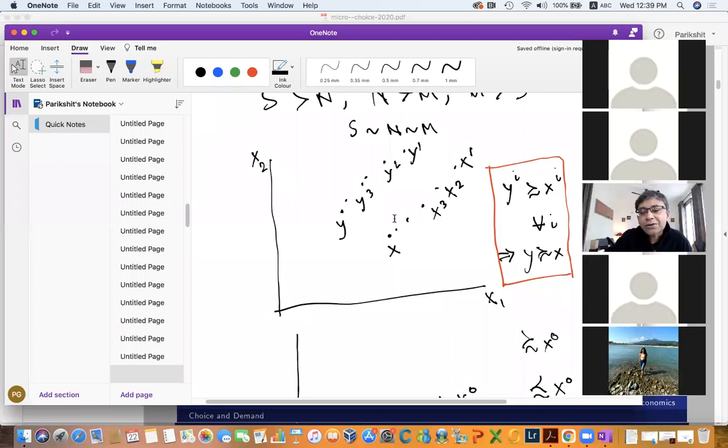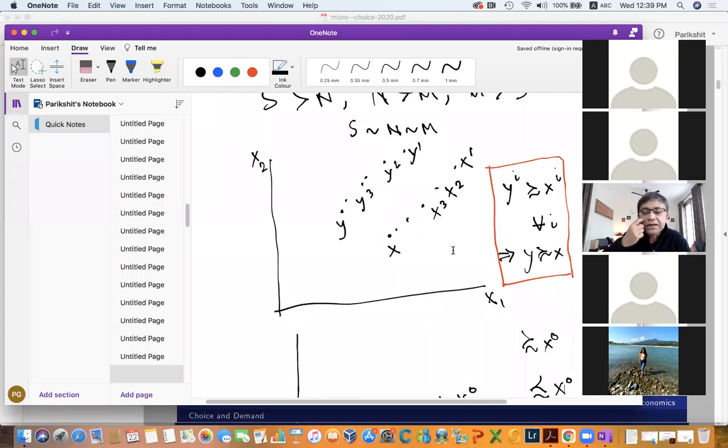So I realized there was room for confusion just as I was going to draw this picture, but I moved ahead nevertheless. These x's on the axes are quantities of individual goods. These x's here are vectors, bundles. So are the y's.